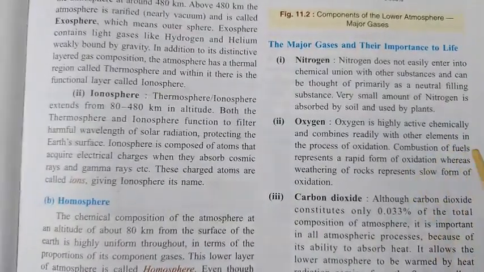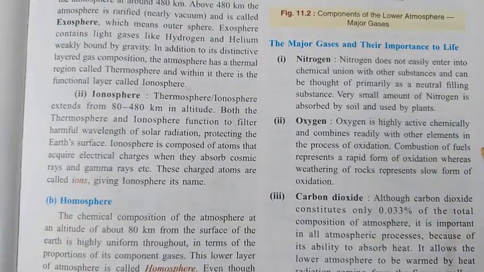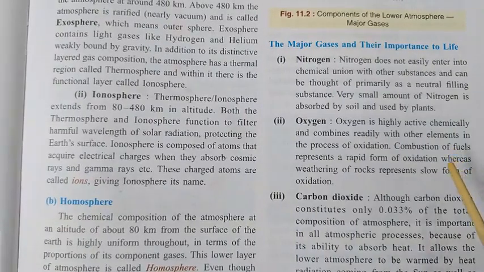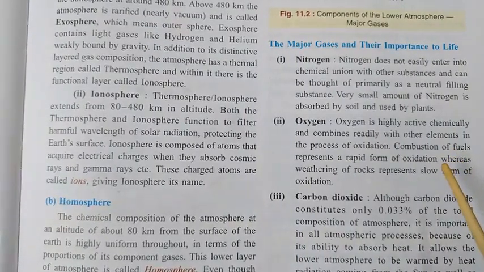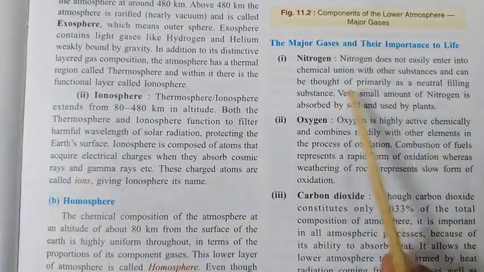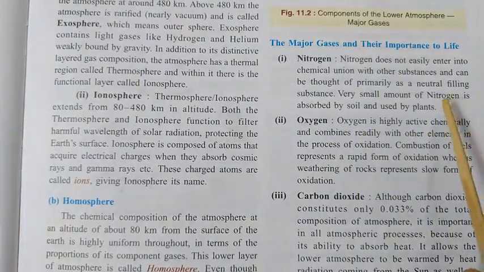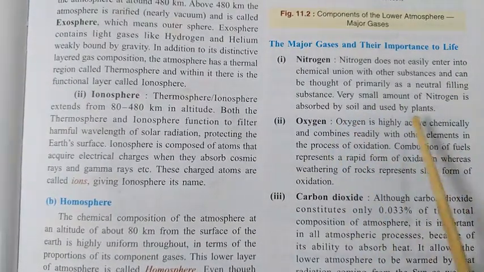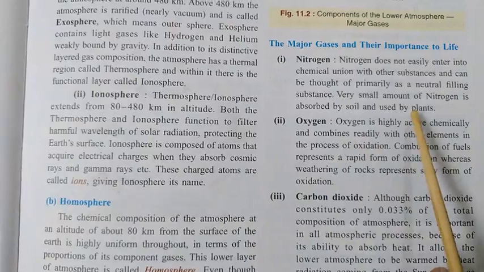That's why nitrogen gas is used in packing, where it neutralizes everything. Why is nitrogen so important? Because nitrogen absorbed in the soil and utilized by plants helps in the growth of the plants.